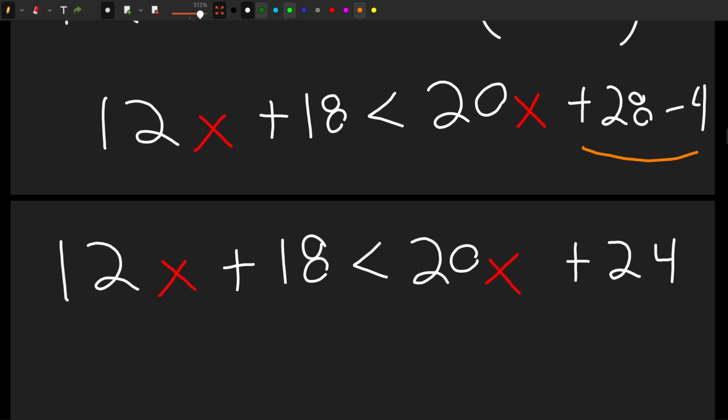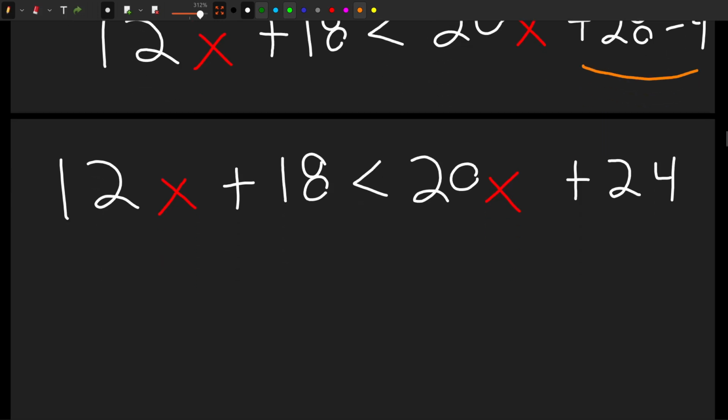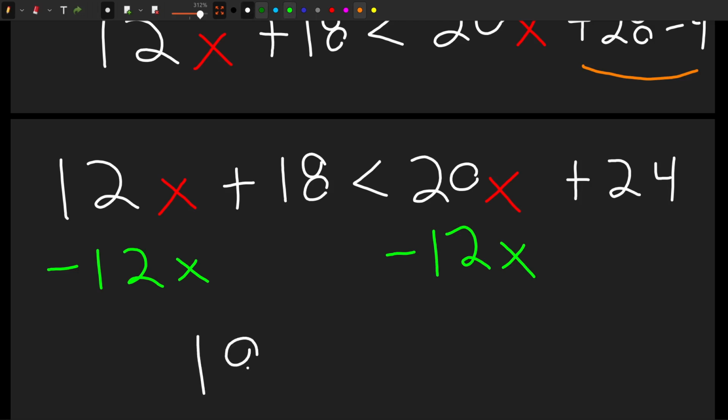Okay. Now I can combine terms. I'm going to take the 12x and move it to the right, so I'm going to subtract 12x from both sides. On the left-hand side, I just get 18 is less than 20 minus 12, which is 8x, and then I have the plus 24.